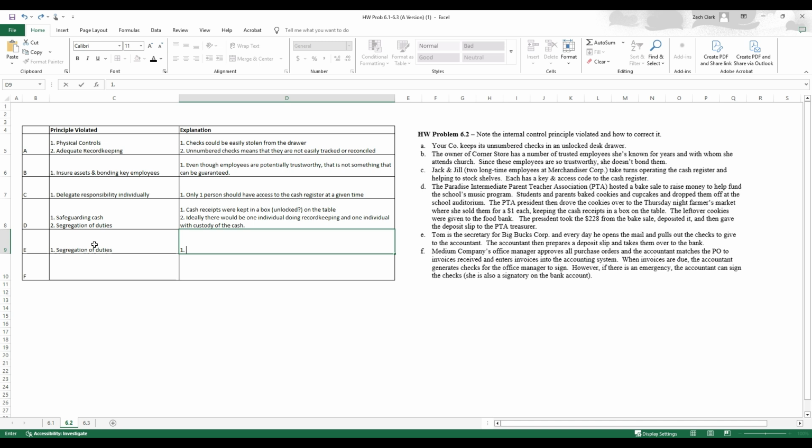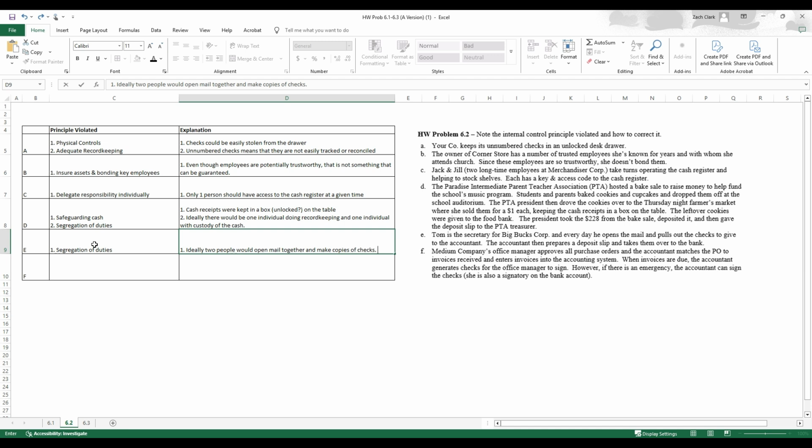And in this instance, ideally, two people would open mail together and make copies of checks. And so, one would deposit, other giving the copy, and because one thing that could happen is all the records are given to the accountant, so they could do some weird stuff with the deposits.